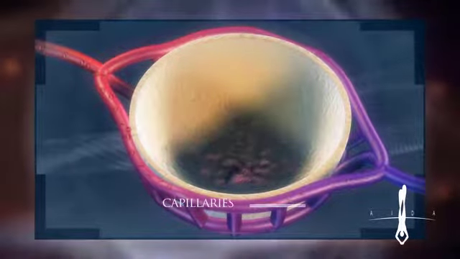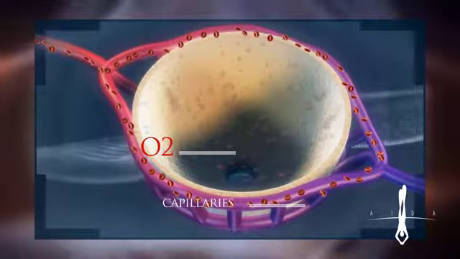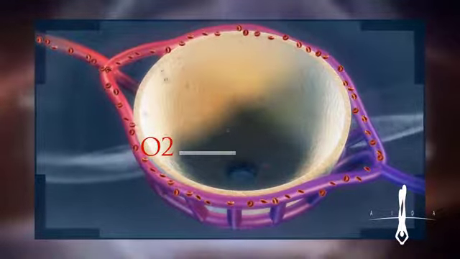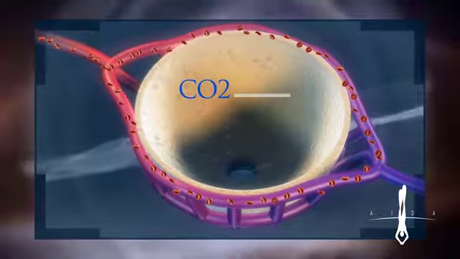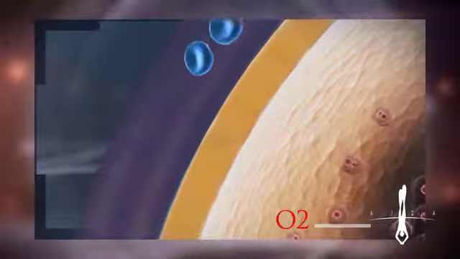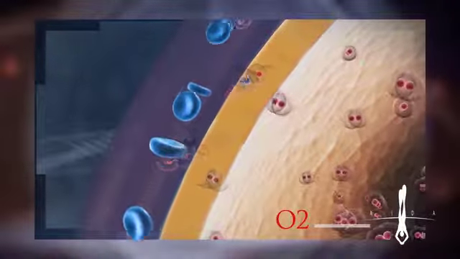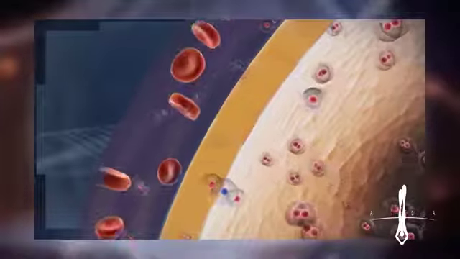The alveoli are covered in capillaries, which come from the pulmonary arteries, which carry deoxygenated blood, shown as blue, to the capillaries surrounding the alveoli. Here, oxygen crosses the thin membrane of the alveoli and capillary and bonds with hemoglobin in the blood cells.